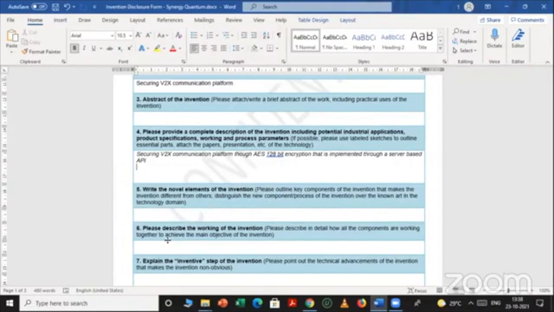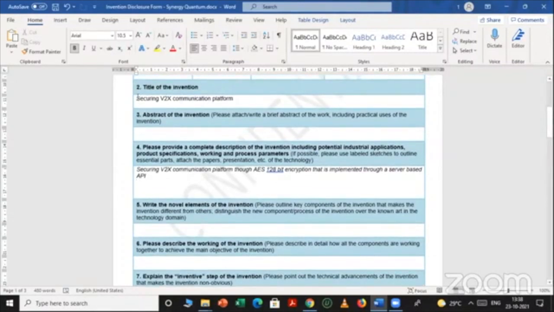So for example, if you take this example of securing V2X communication platform, here the researcher is developing some sort of algorithm where he's utilizing AES 128-bit encryption and implementing it through an API, application program interface, which is running on a particular server. So what can be the novelty? The novelty can be the algorithm which is implementing this AES 128-bit encryption, running on a particular computing device.